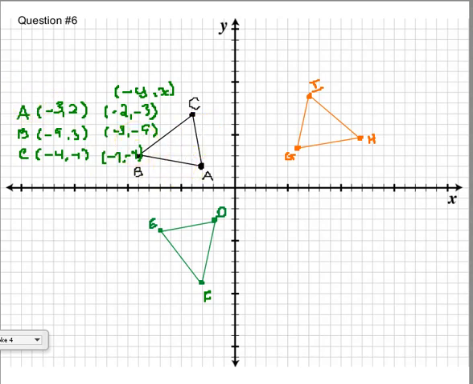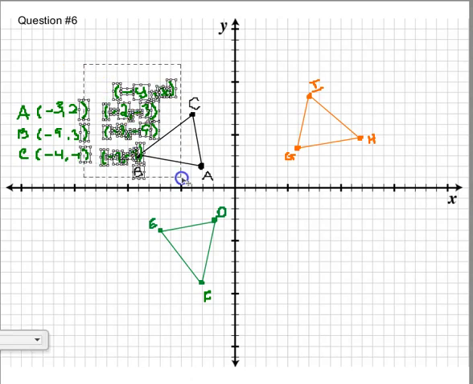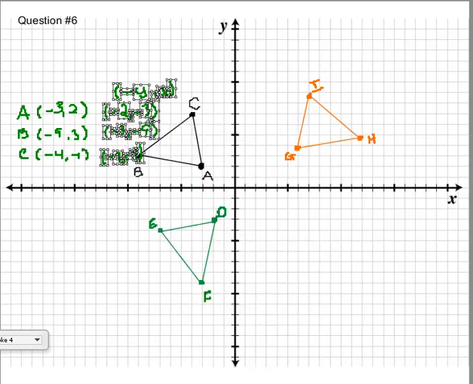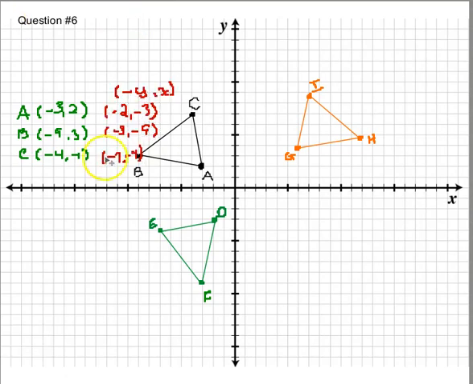Okay, so let's go ahead and graph these points down here. I'm going to use a different color so that we can see them. -2, -3.